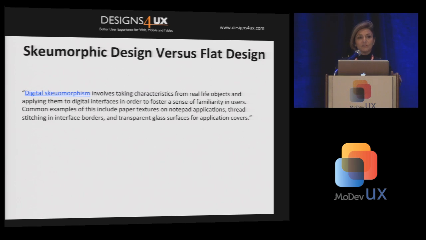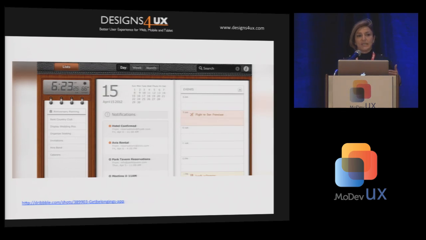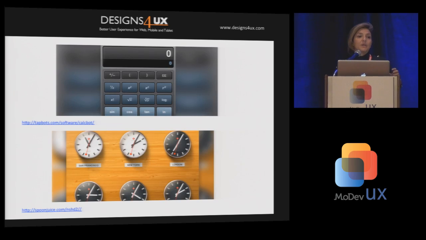Whatever we see on those platforms, if we want to see a calendar, we see a leather one with the stitching thread on the top, or if we want a calculator, the buttons are pretty much exactly the same as real life, or other things that we want to see.